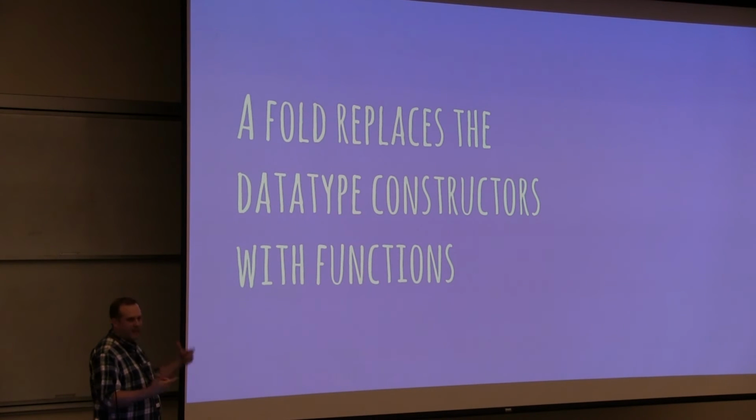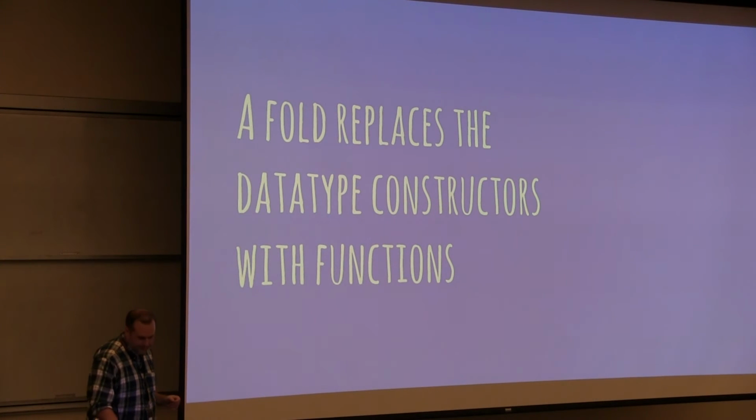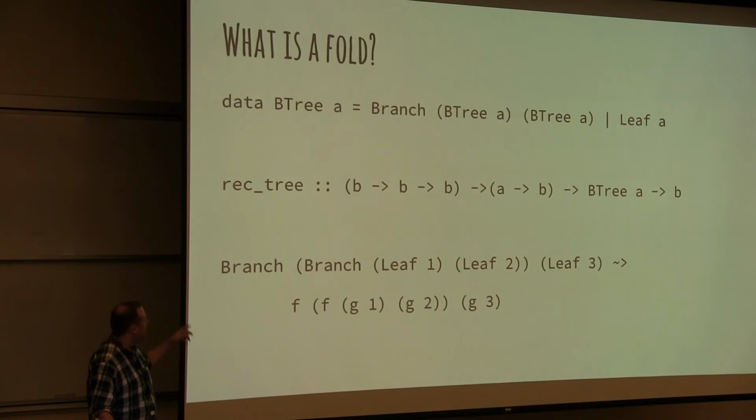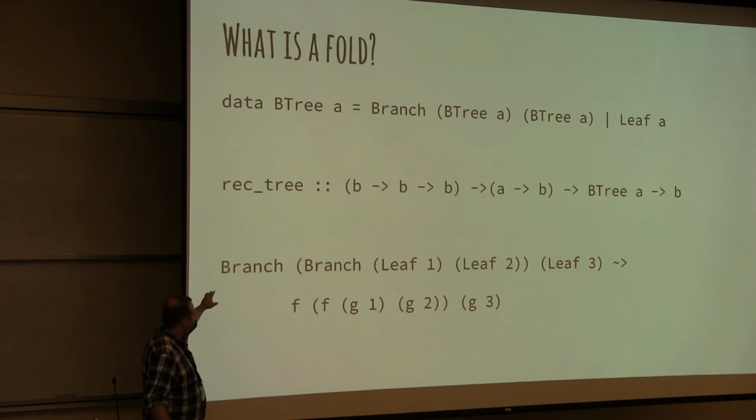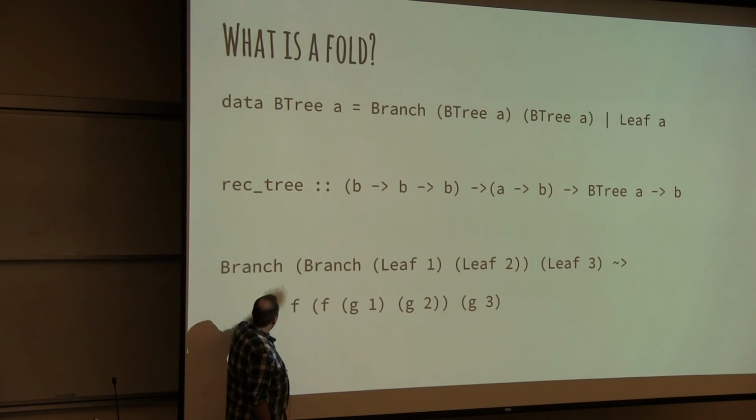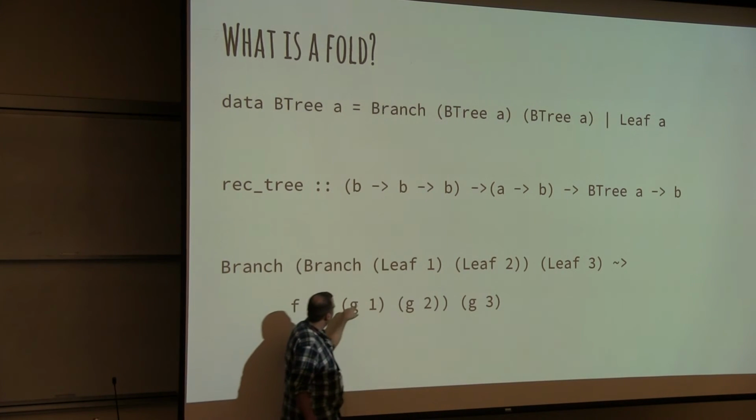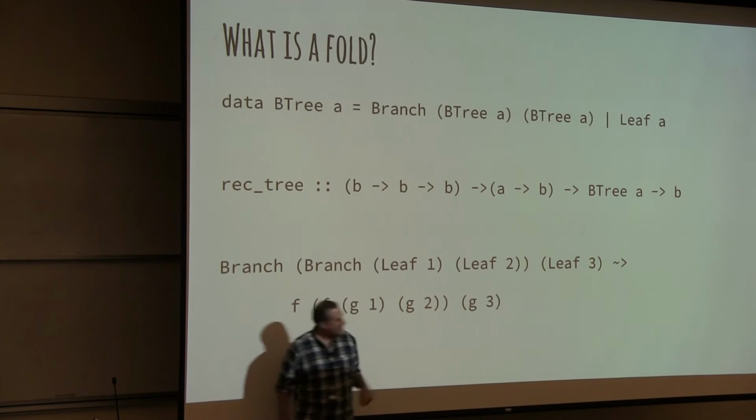A fold replaces the data type constructors with functions. Functions that have the same shape, the same arity, and basically the same signature as the data type constructors. That's why in a fold over a tree, the F replaces the branch, and the G replaces the leaf.